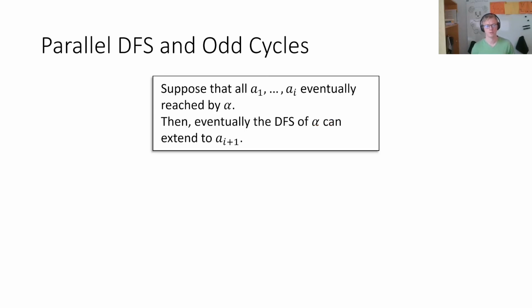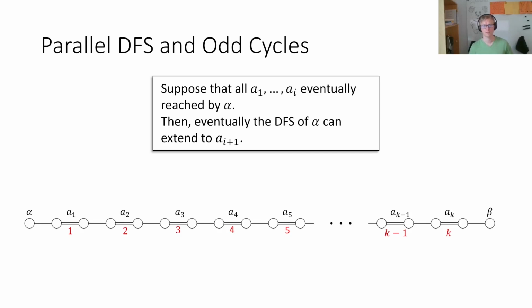And then we have the means to do the inductive argument that I wanted to do before: if alpha finds a path from itself to A i, then a lot of things can happen, but eventually we have this short DFS path that we will then extend to A i plus 1. So either we augment already earlier, or alpha will eventually find this path.